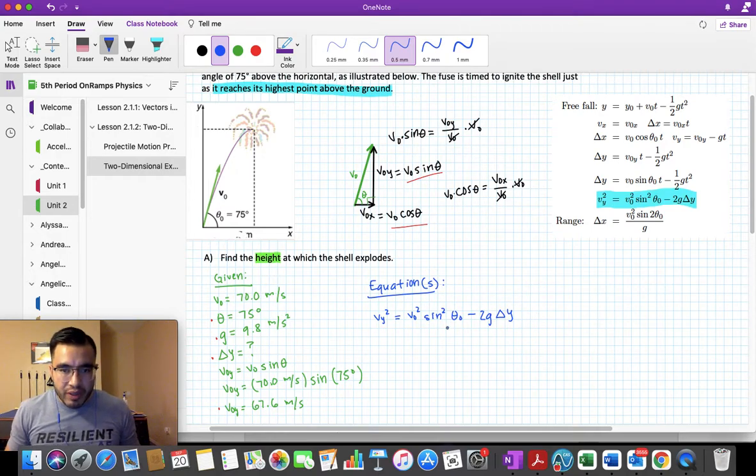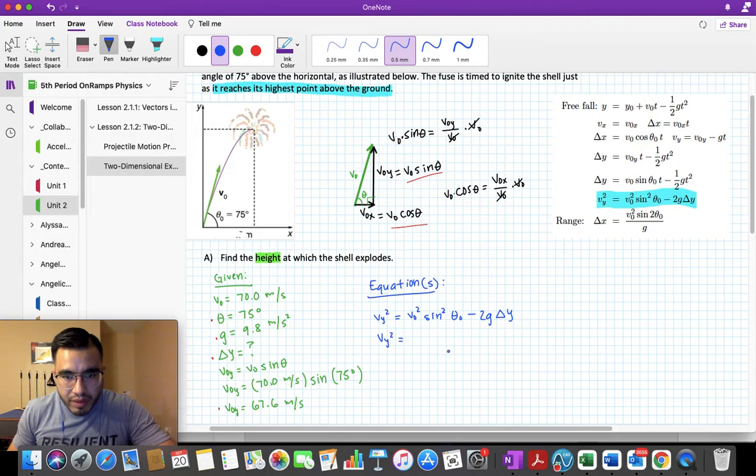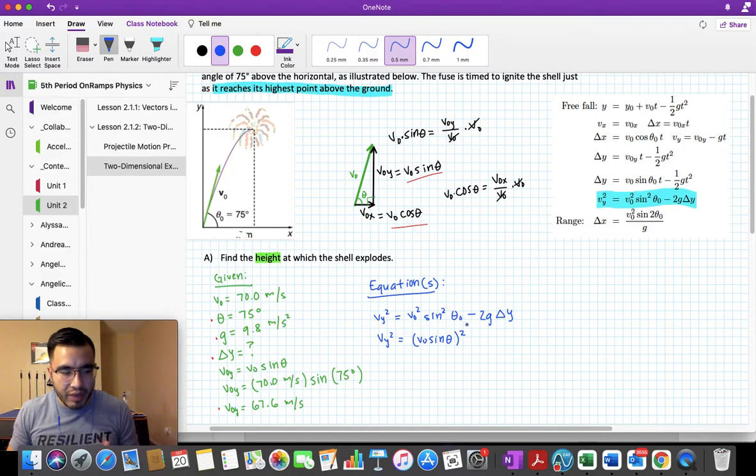I could use this one, sine of theta, but I'm going to show you a different way. If I write this one like this, v naught sine theta squared, they're the same. Now this theta naught, we don't have to write down because we have only one angle, okay? So that's okay. Minus 2g delta y.